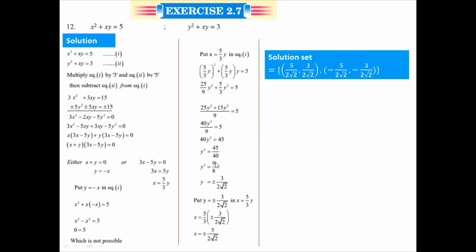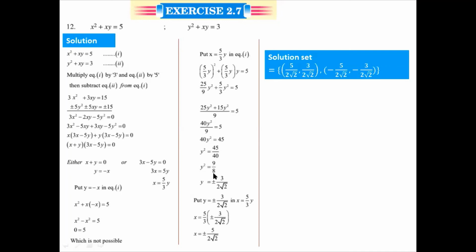So y square, 5 nines are 45 and 5 eights are 40. So y square is equal to 9 by 8.